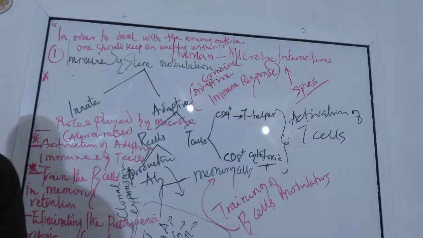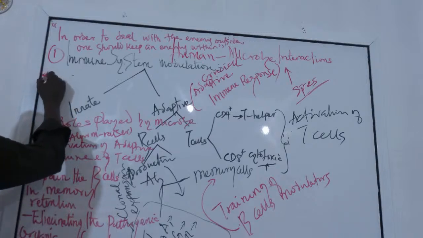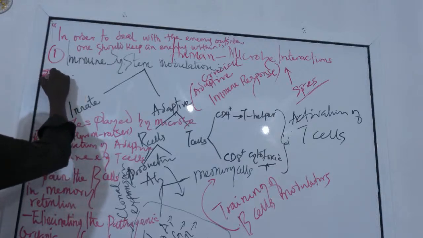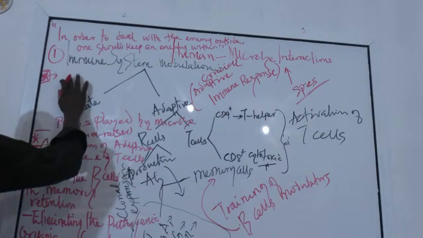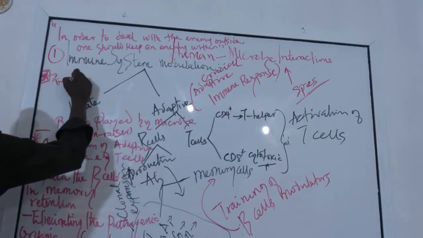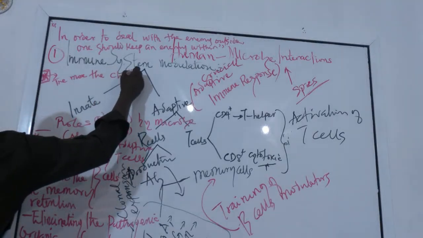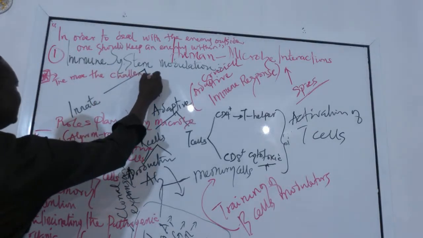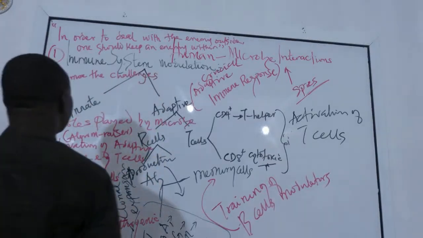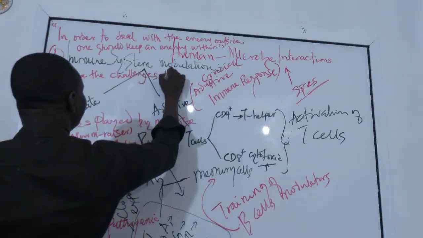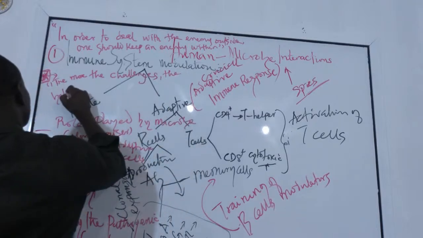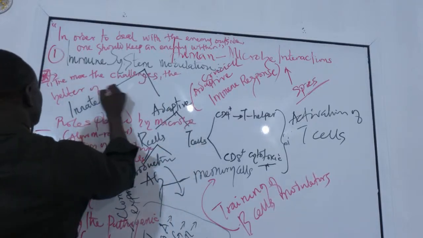The environment plays a very critical role at this level in activating the immune system. This is another analogy: the more the challenges, the better off you are.